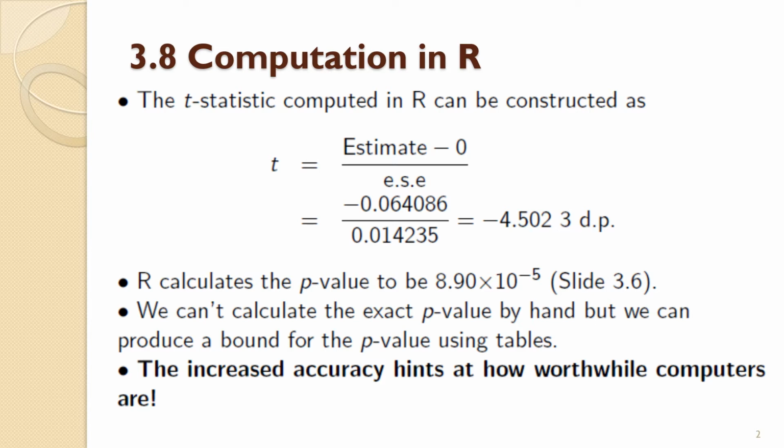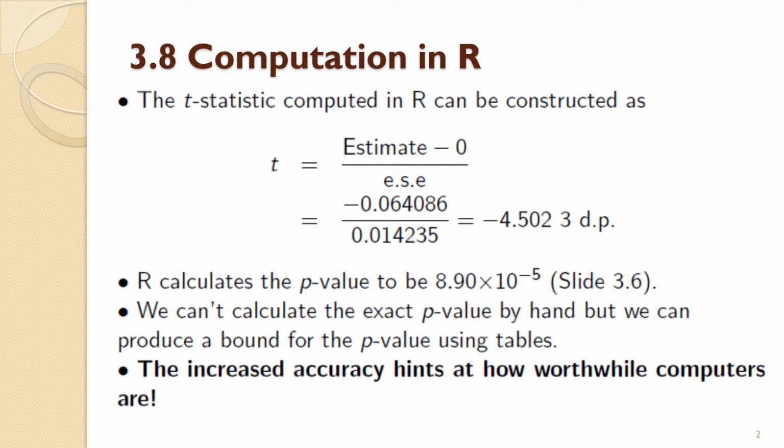To read this, if you take the absolute value, minus 4.502 is just positive 4.502. This is bigger than 2, so there's an indication that there is a sizable effect here. R calculates the p-value to be times 10 to the minus 5.